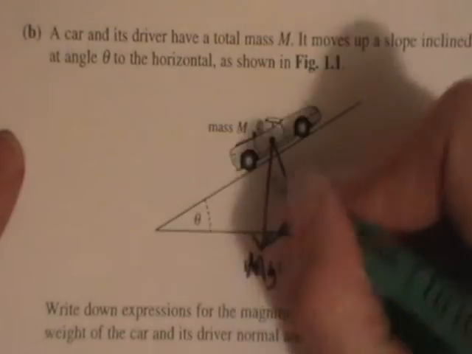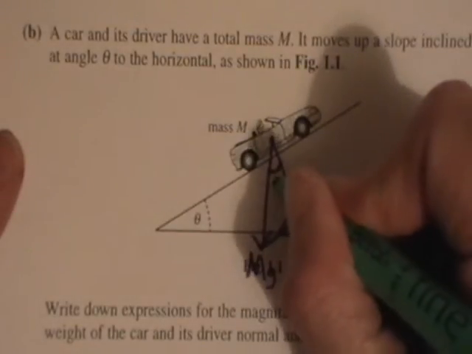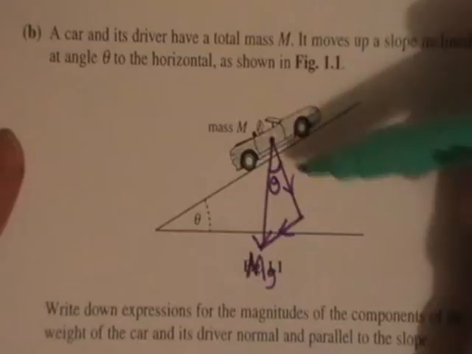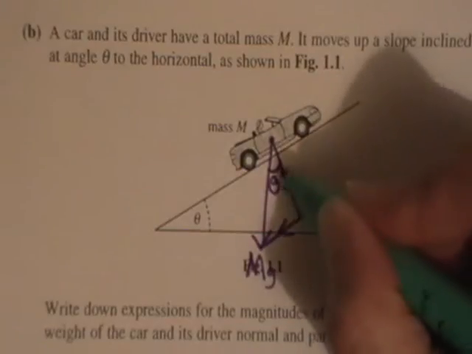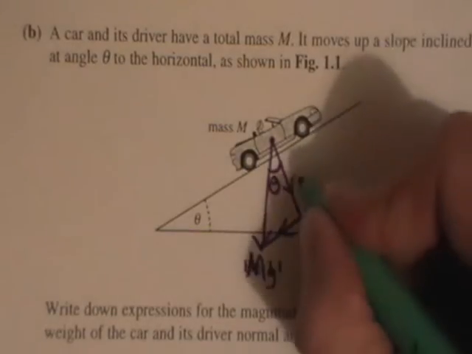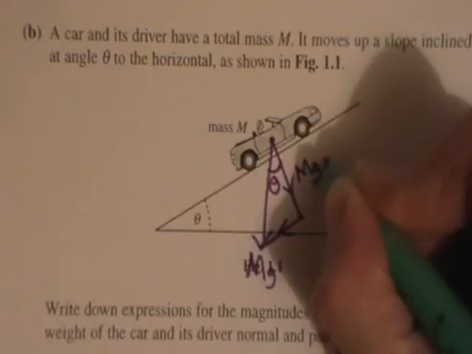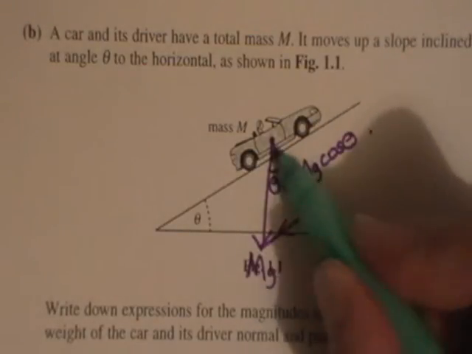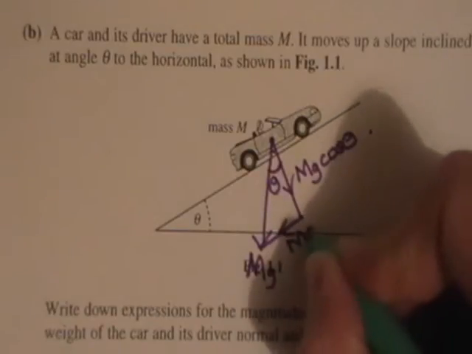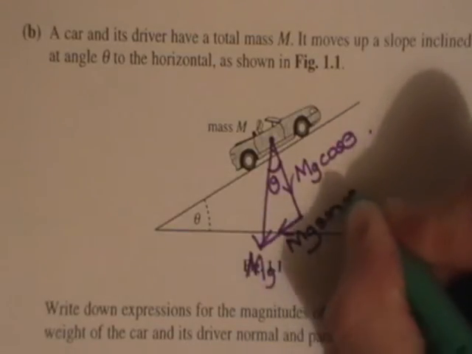And the angle theta is always found in between the weight vector and the one which is normal or perpendicular to the slope. And therefore the components here, this is the one beside the angle, so this is the one which involves cos, so it's mg, the cos of theta. And then this one here is opposite the angle, so it involves sine, so it's mg, the sine of theta.